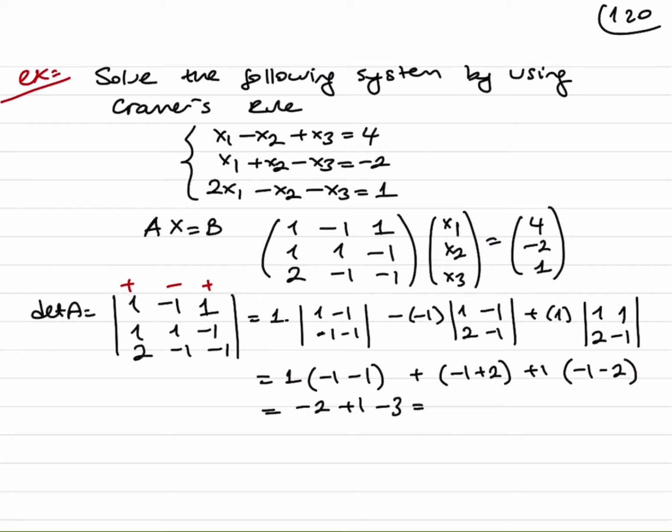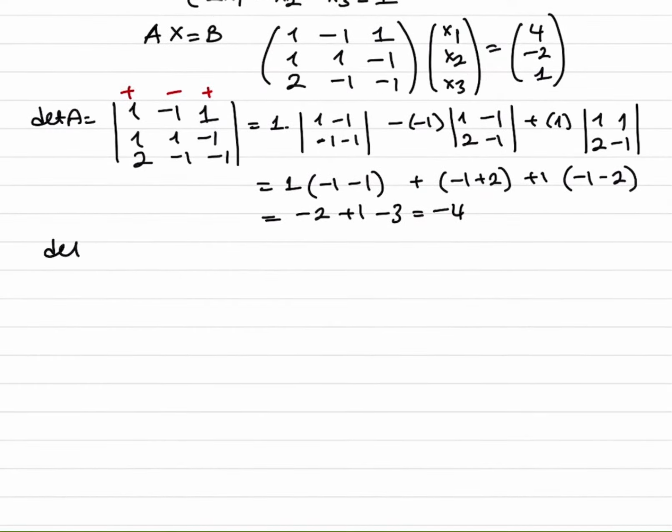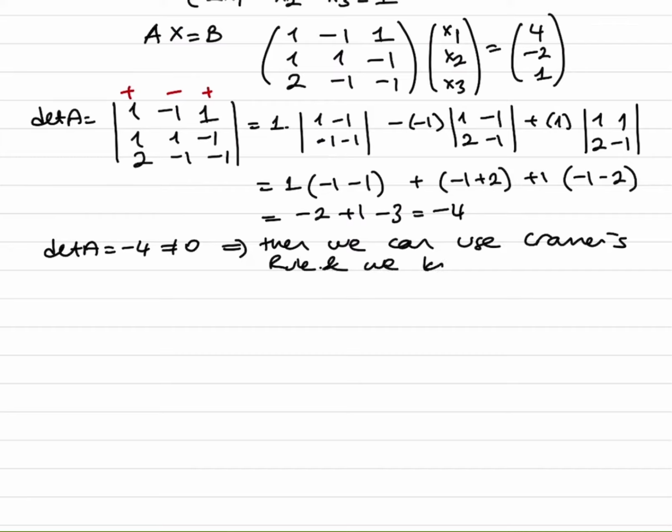So what is the determinant? It is minus 4. So the determinant of A is equal to minus 4, and it is not 0. Then we can use Cramer's rule, and we know there is a unique solution.